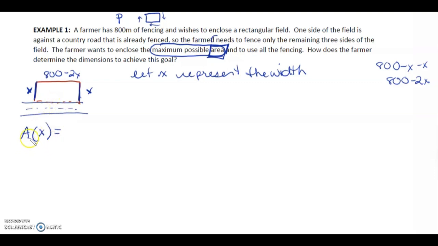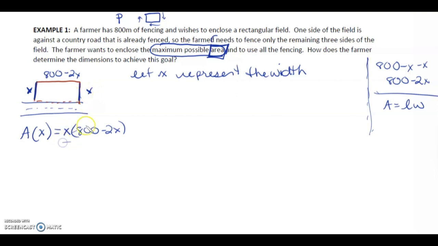So now when we take a look at the formula for area, on the side of the paper, this is just brainstorming over here. Area is length times width, right? So length would be 800 minus 2x, and width would be x. I'm actually going to put the width in front.